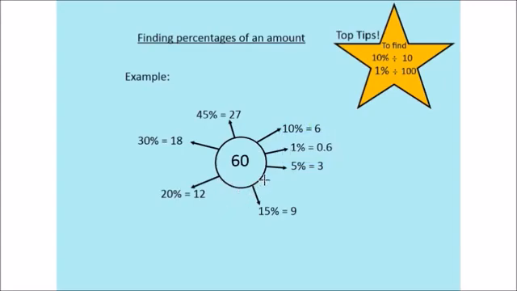So let's say I needed to find 6%. So if I know 5% is 3, and I know 1% is 0.6, 6% must be 3.6, because I add them together. So I hope you can see what I'm trying to show you here, how we can combine these percentages to get other percentages.